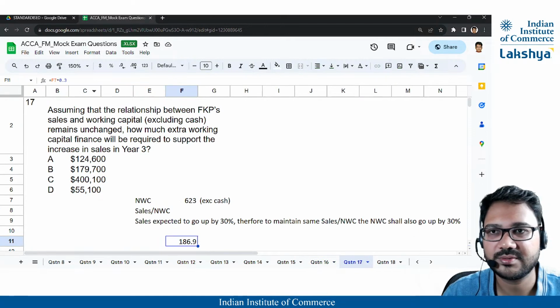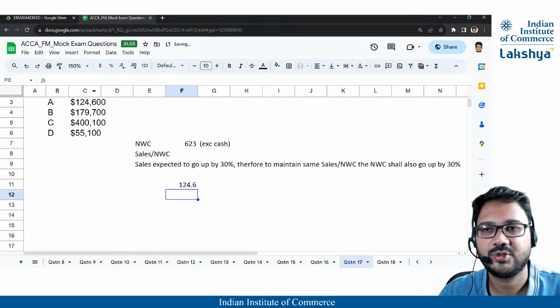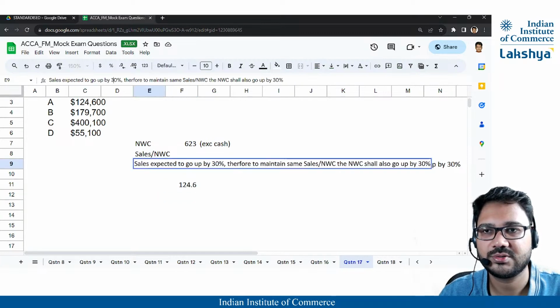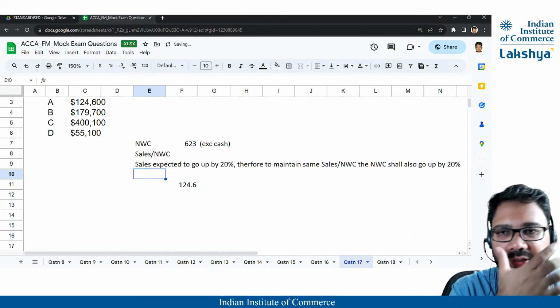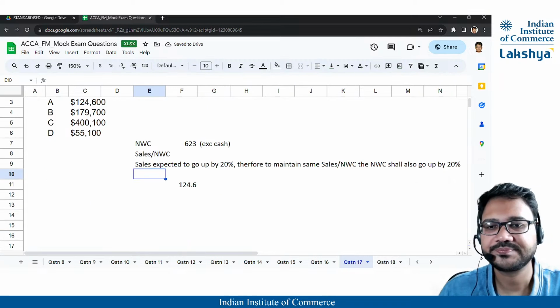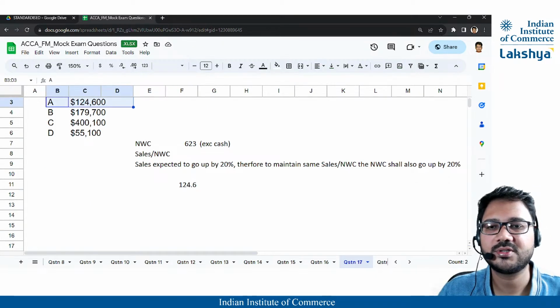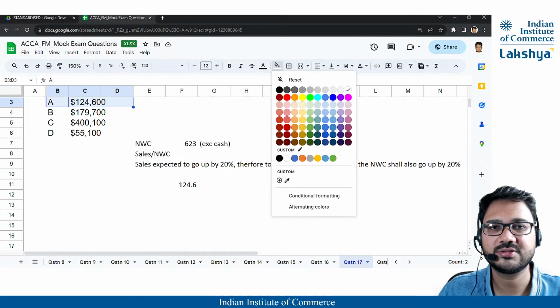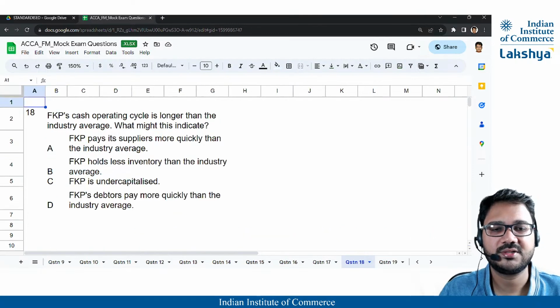My mistake. Thank you for correcting me. So 0.2 times the net working capital gives $124,600. So option A is correct.